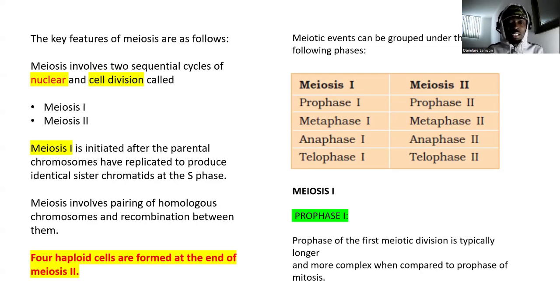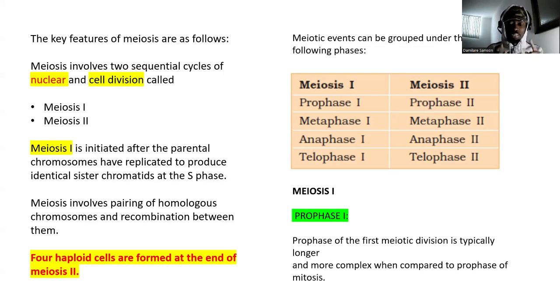Now, meiosis involves pairing of homologous chromosomes. Remember that homologous chromosomes are chromosomes that have the same size and shape. They look alike. They're identical. Are you getting me? Those are the ones that pair. If they are not homologous, they will not pair. So there is pairing of homologous chromosomes and recombination between them.